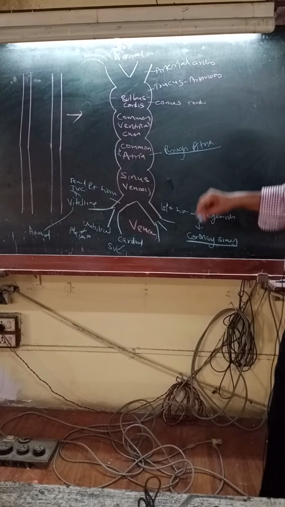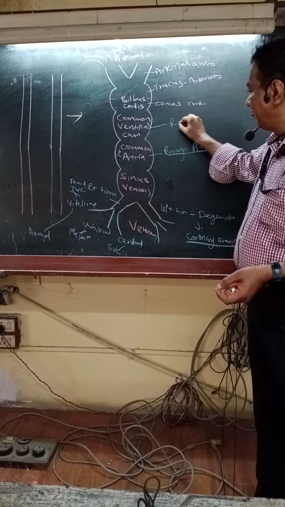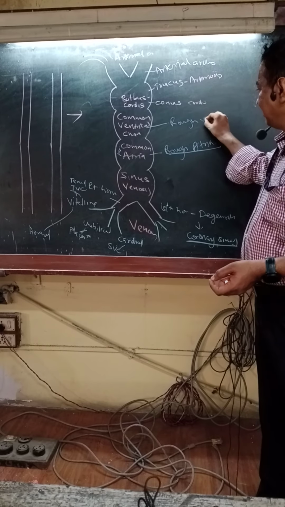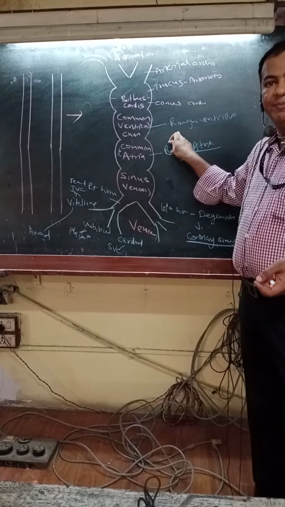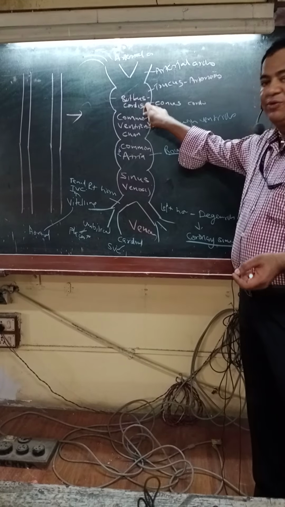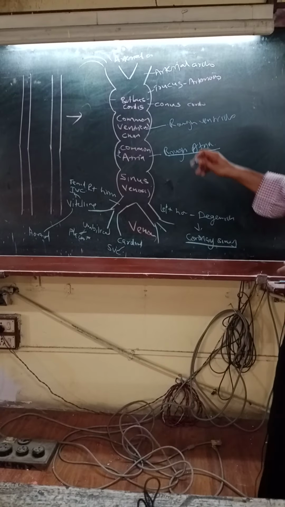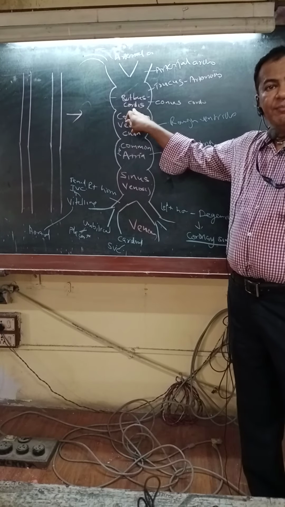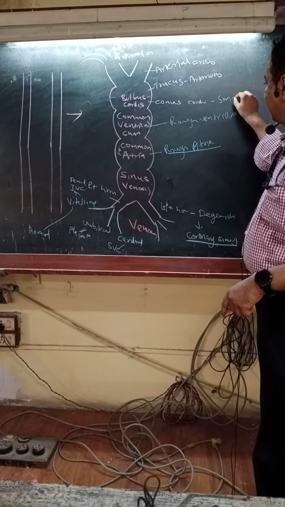We used to previously teach that the primitive ventricular chamber forms the rough part of the ventricles. But nowadays they say that it forms the rough part of the left ventricle and some part of the right ventricle. But we used to classically say bulbus cordis forms the smooth part of the ventricles.